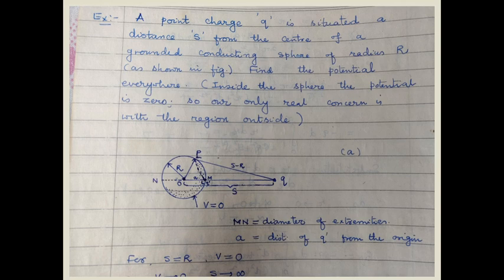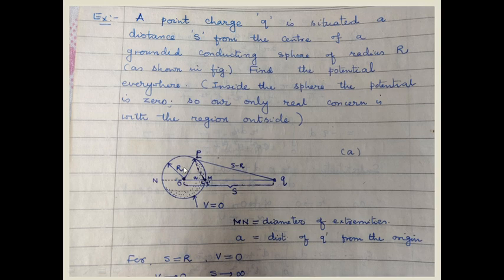Let us consider the same kind of problem: there is a sphere of radius capital R, and from the origin or center of the sphere, at a distance s, instead of a, here I have changed the notation, charge q is placed.